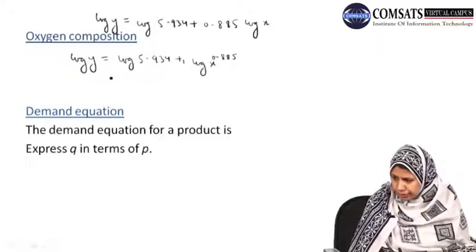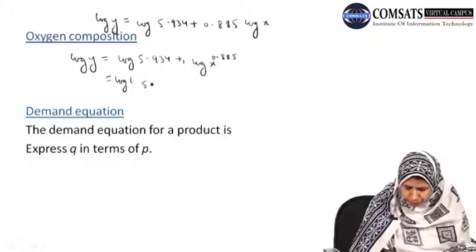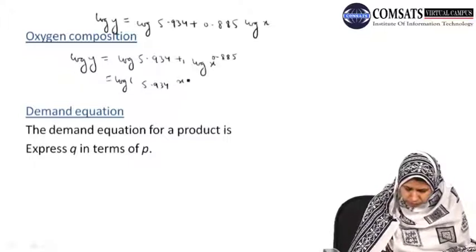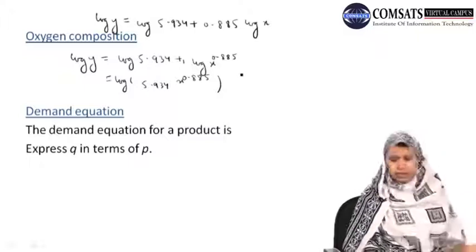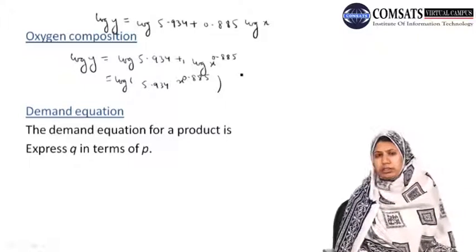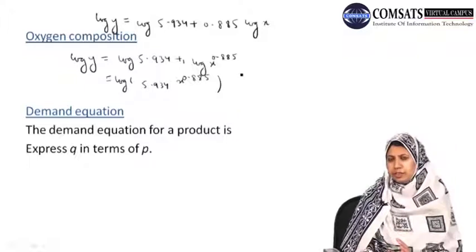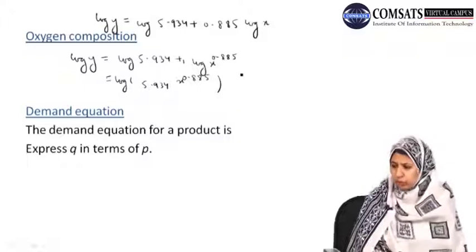This can be combined and written as the log of the product. So log of y is nothing but the log of the product 5.934 into x to the power 0.885. And now taking the anti-log on both sides, or since the logs of two things are equal, it means that the two numbers are also equal.